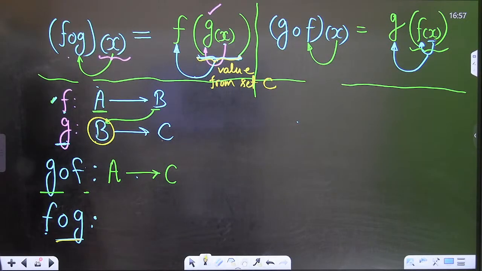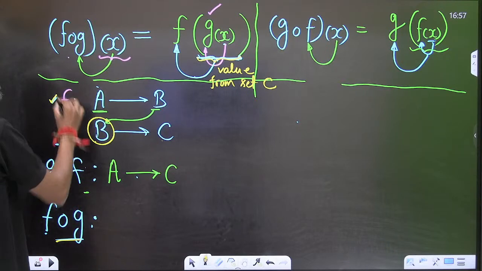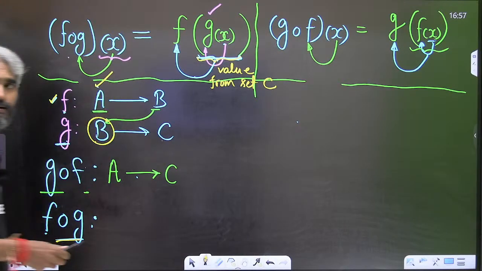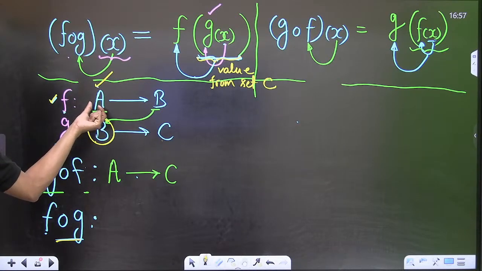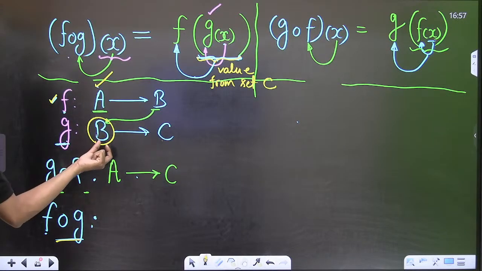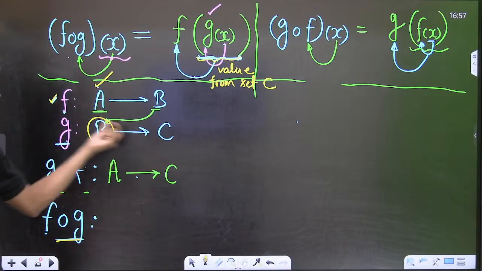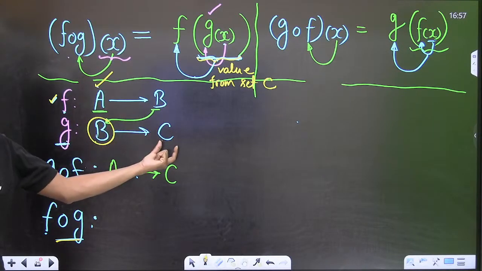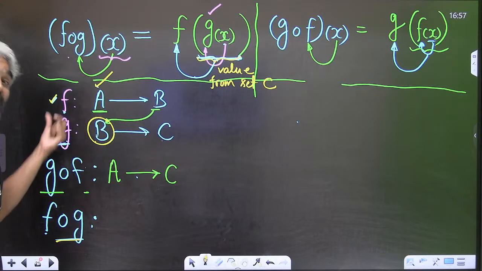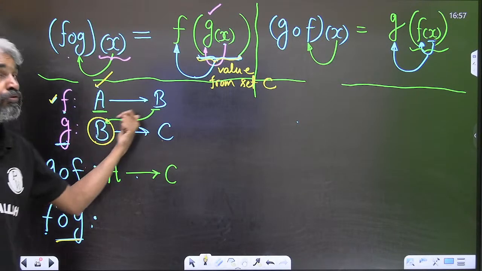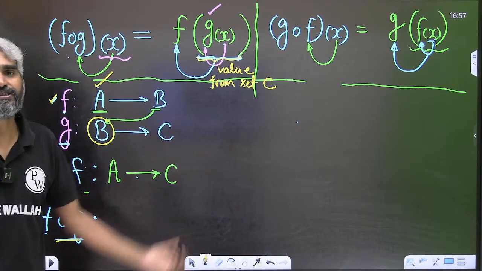Now my question is, function f is defined only on the elements of set A. If g is producing a result in set C, is it necessary that the function f is defined for the value produced by function g? No, sir, it is not necessary.